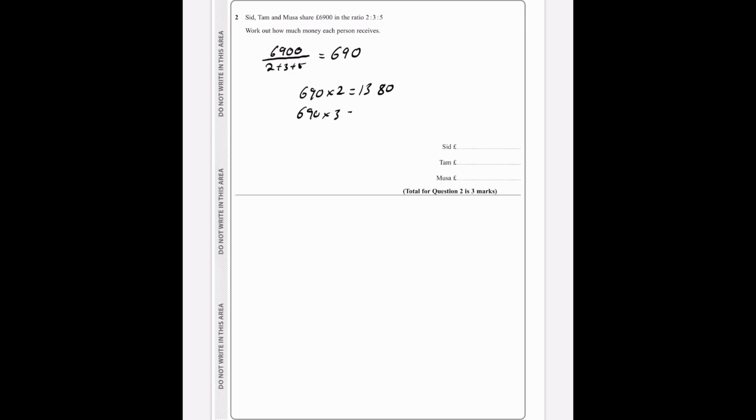To find 3 parts, we triple 690, which is 2070, and to find 5 parts, times it by 5, 3,450. And so Sid, Tam, and Musa are splitting the money, 1,380, 2070, 3,450, like so.